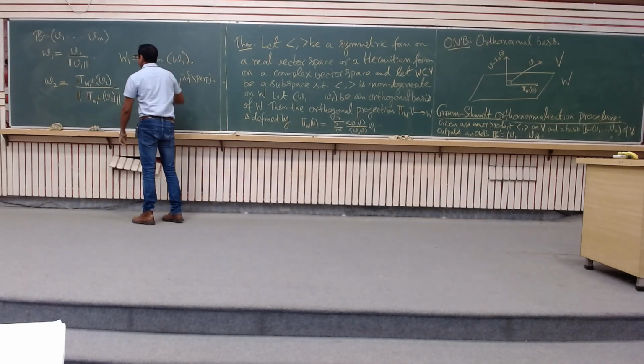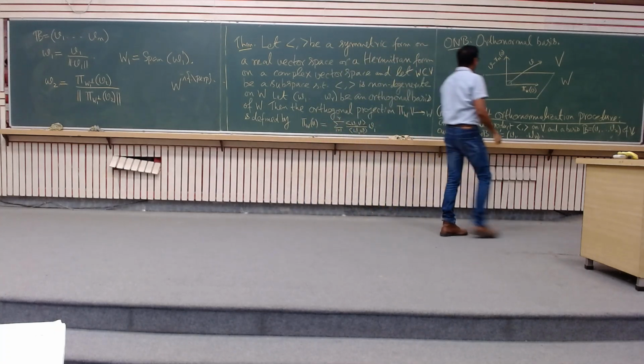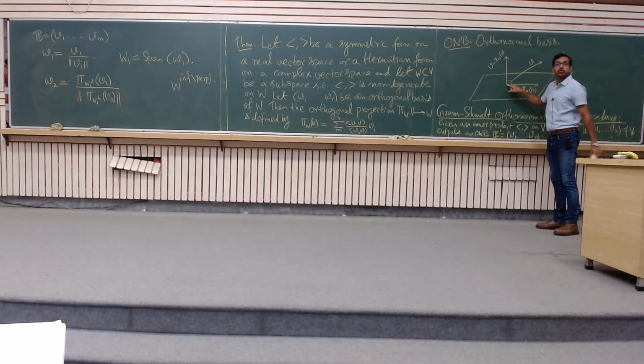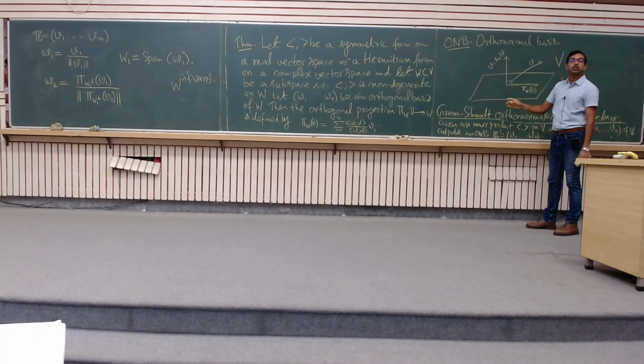By the way, what I was saying is that this is not the normal. I want you to understand the difference. This is not just this one vector. W perp is the set of all the vectors which are perpendicular to W. So it's the set of all such vectors, not a single normal.